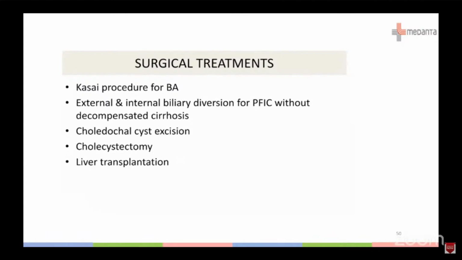In case of a choledochal cyst, it may need a simple excision or a left lateral lobe hepatectomy, depending on the extent of involvement. In decompensated cases, irrespective of the etiology, be it biliary atresia, choledochal cyst, Alagille syndrome or metabolic liver disease, we need to go for liver transplantation of the child.